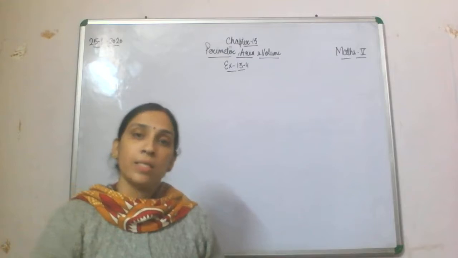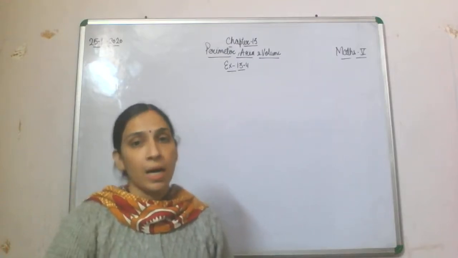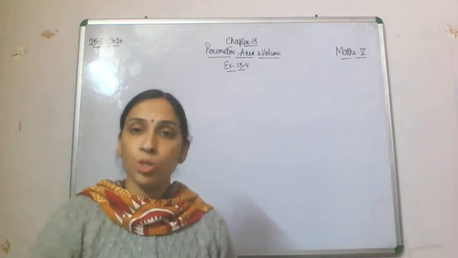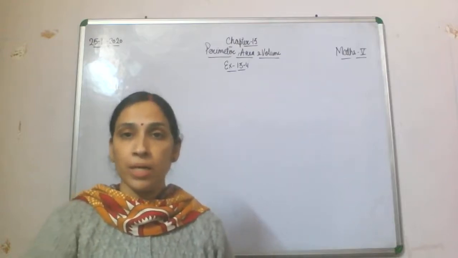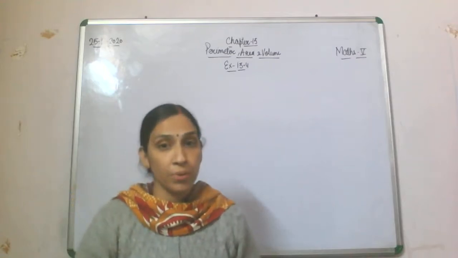First of all, yesterday we have done volume of cube and cuboid. Since cube is made up of square, the properties of the square will be followed by the cube.